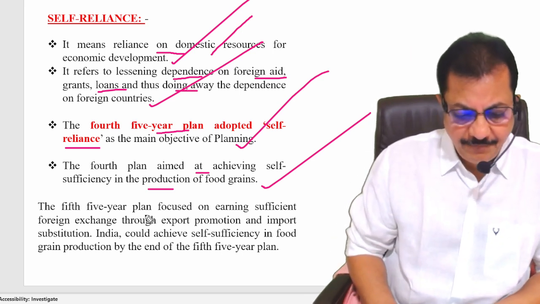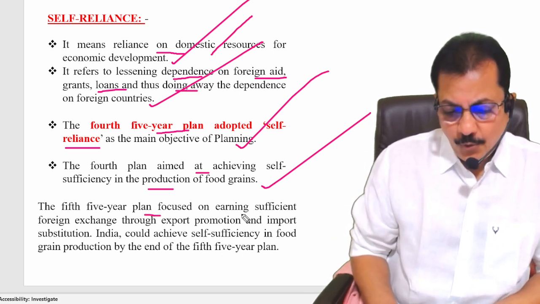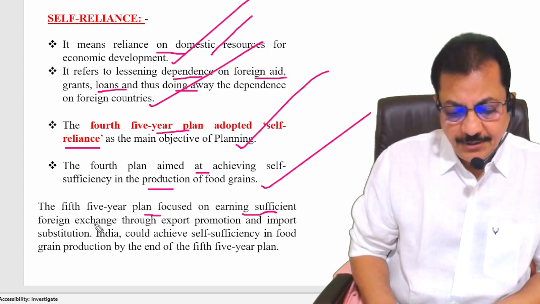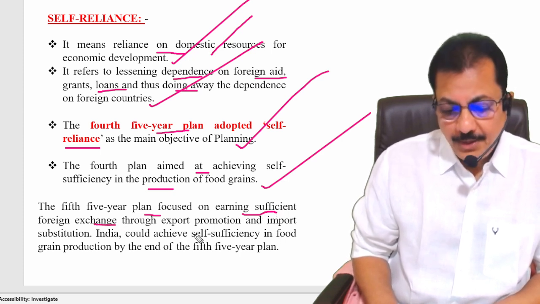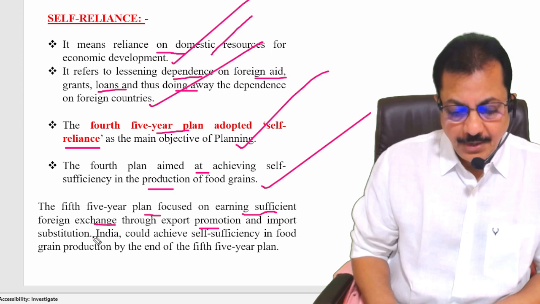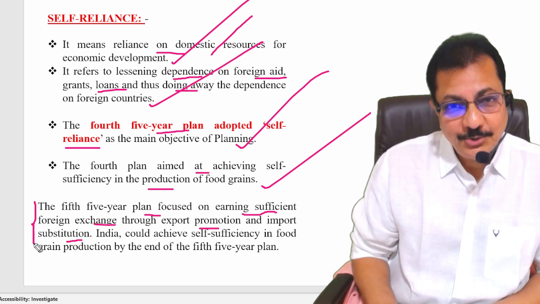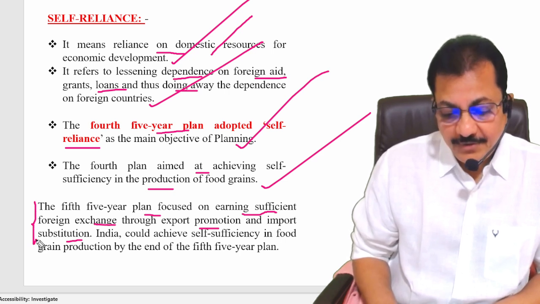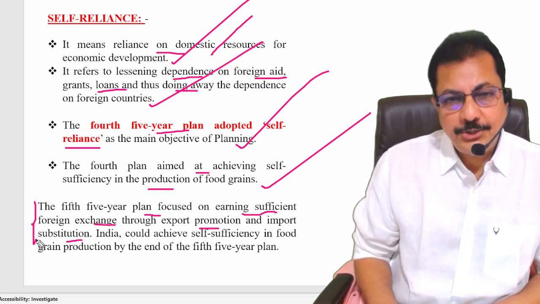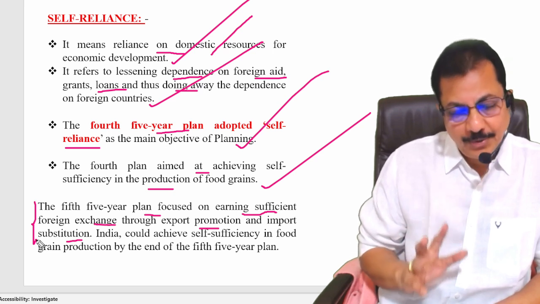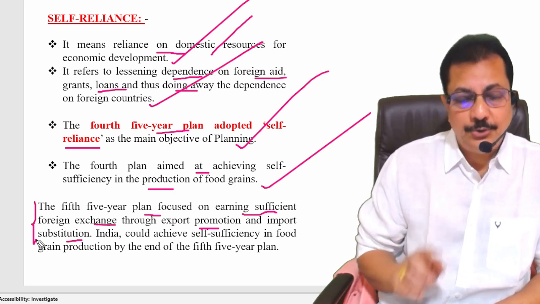The fifth 5-year plan focused on earning sufficient foreign exchange through export promotion and import substitution. This is another very, very, very important point. It was a question also earlier. Which 5-year plan focused on earning sufficient foreign exchange through export promotion and import substitution?